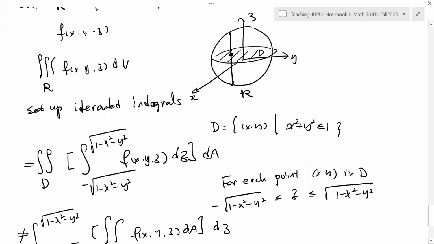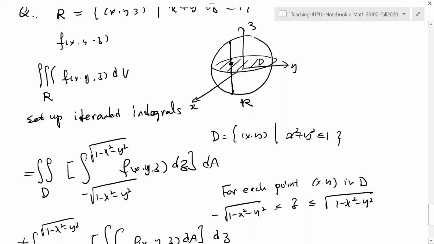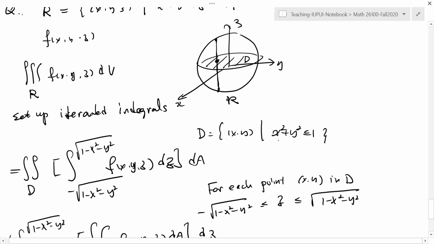The bound for x and y together, it's a double integral, is x squared plus y squared less than or equal to 1. So this is a double integral over that disk. When you say the bound, it means the boundary of that disk, which is a circle.